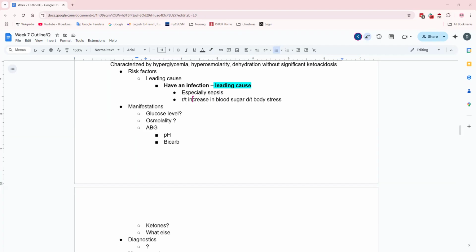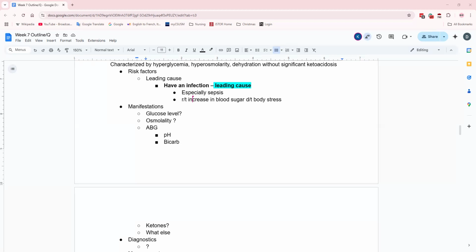Higher osmolarity. ABG, mentioned earlier by Josh, bicarb is greater than 15 milliequivalents per liter, because we don't have any ketosis or acidosis going on. Your pH is going to be relatively normal, greater than 7.3, with little to no acidosis. Ketones: little ketonuria, if any, and low to no ketonemia.